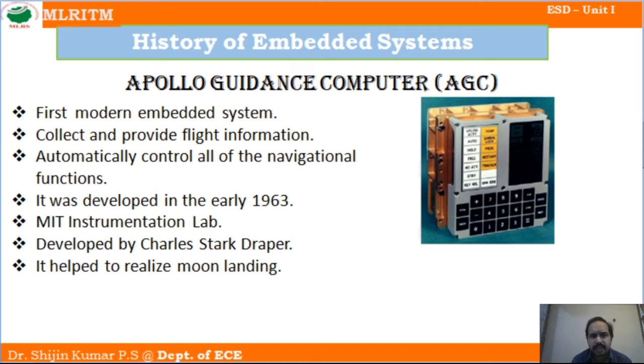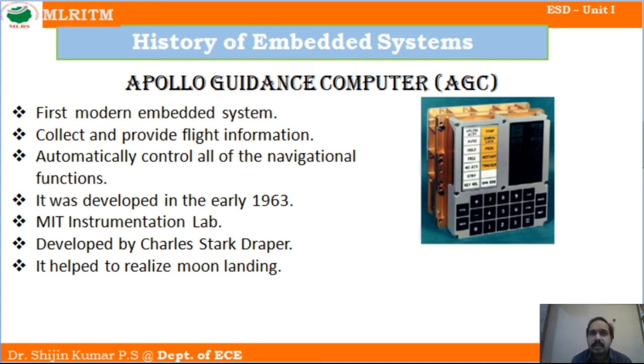All these things are collected using the Apollo guidance computer, and based on these inputs, it will automatically control the navigational functions. It automatically collects the information and controls the navigation based on it. Navigation means the direction of the rocket will change.